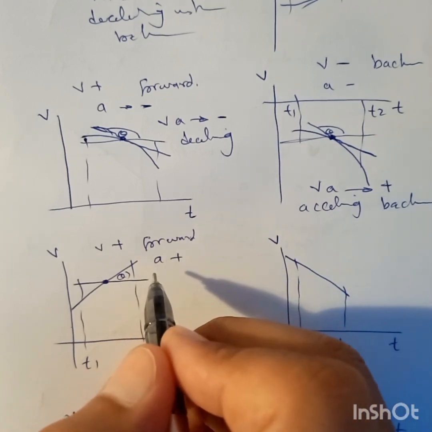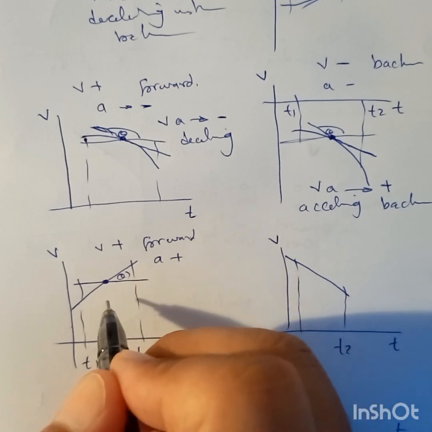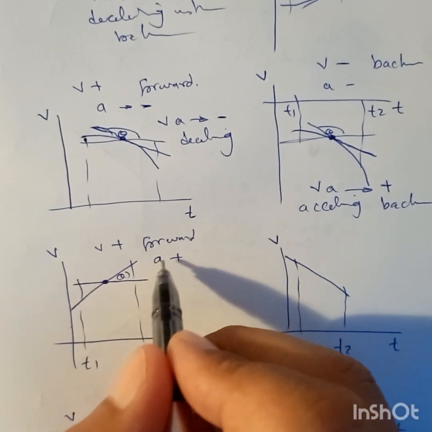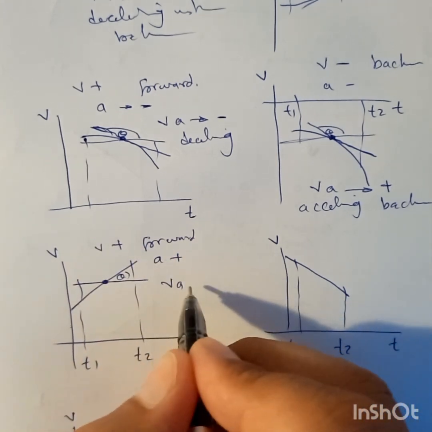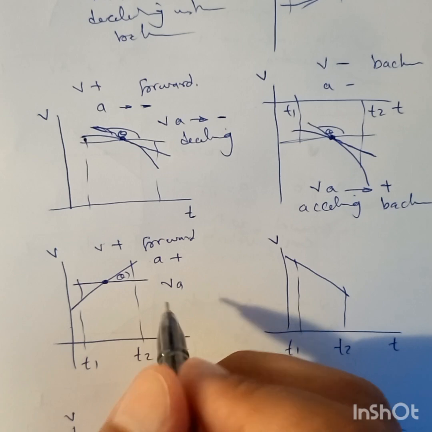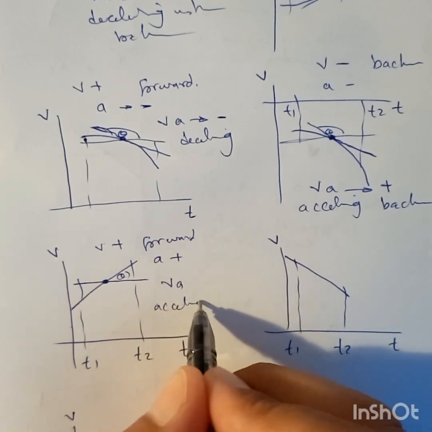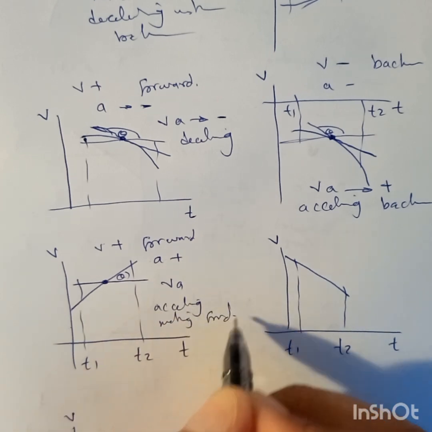Then we multiply va: positive and positive. Then we have accelerating motion in forward direction.